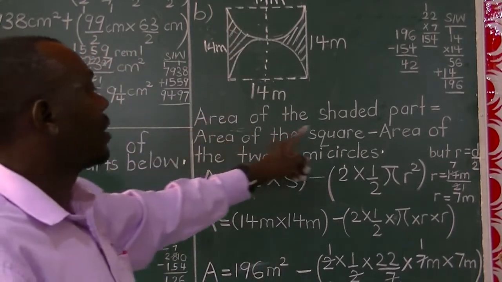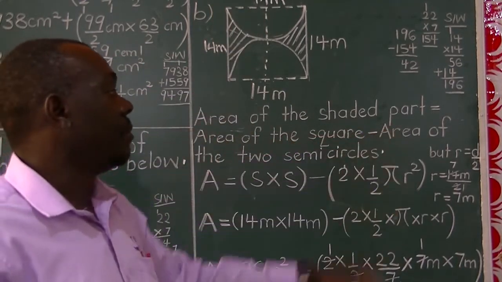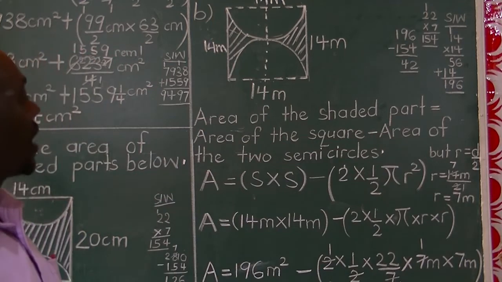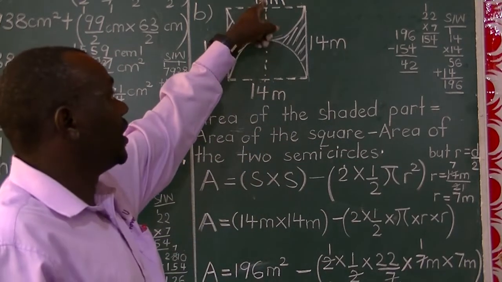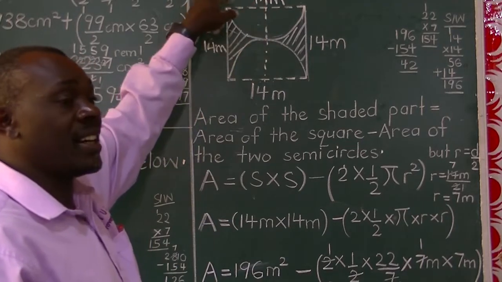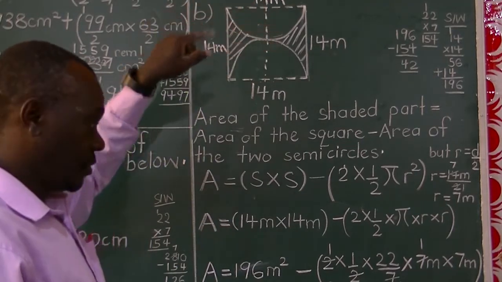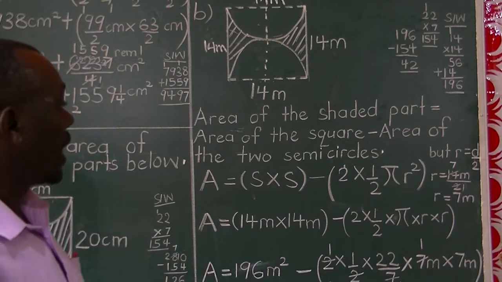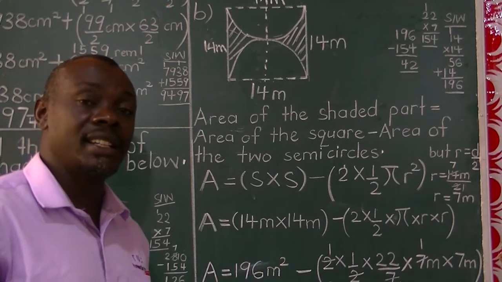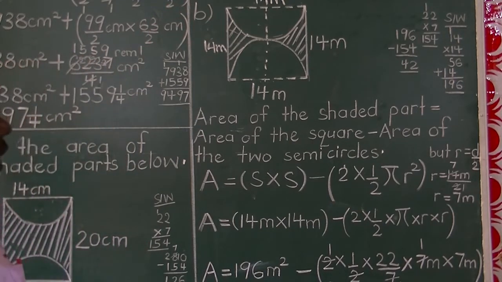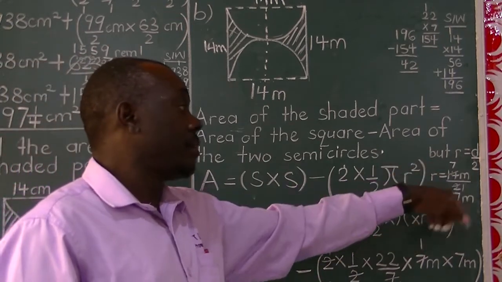Now, to analyze properly, this 14 is the diameter of the semicircle and the side of the square. Whereas we don't have provision for diameter in the area formula, we have to find the radius. Radius is diameter divided by 2.